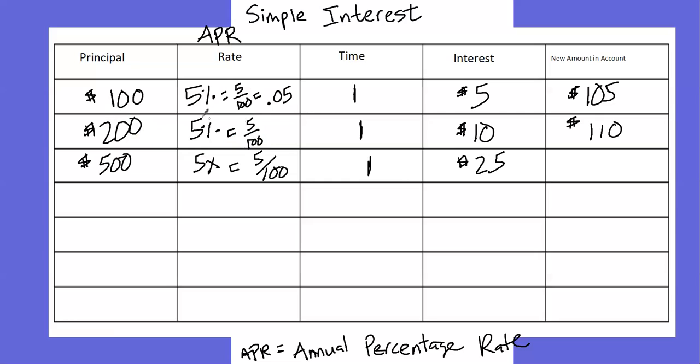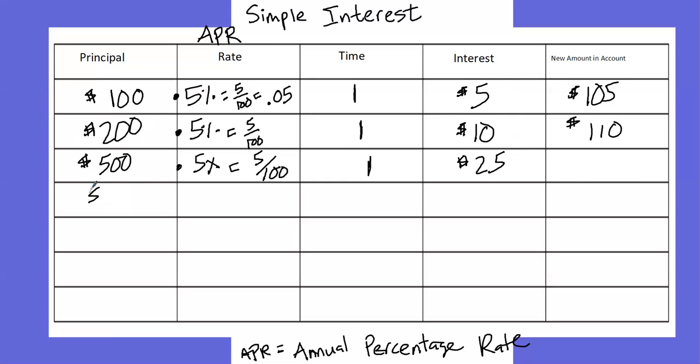And then if you multiply 2 times 5, you get 10. 500 times 5 hundredths, once again, if you're multiplying these two numbers, you can cross reduce. This would become a 5, this would become a 1, and 5 times 5 would be 25. So hopefully you can take away from this that between your principal and your rate, if you multiply these values, you get this value.